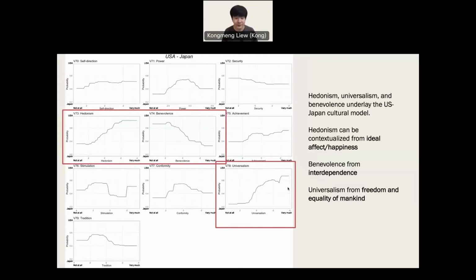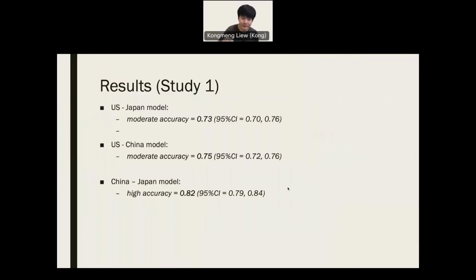And universalism, we know that America, like the Statue of Liberty, is about freedom and equality of mankind. So it makes sense that participants more likely to be in the US than Japan would tend to score higher on universalism.